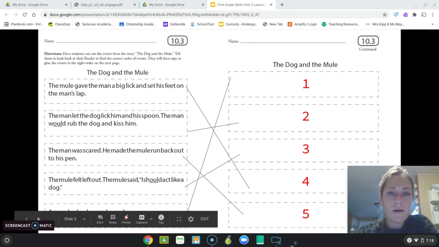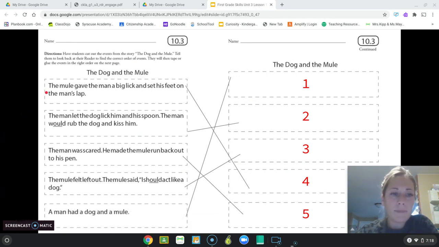Okay, so now we have all of these different events that happened in the story. We have the mule gave the man a big lick and set his feet on the man's lap. We have the man let the dog lick him and his spoon. The man would rub the dog and kiss him. Right here, the man was scared.